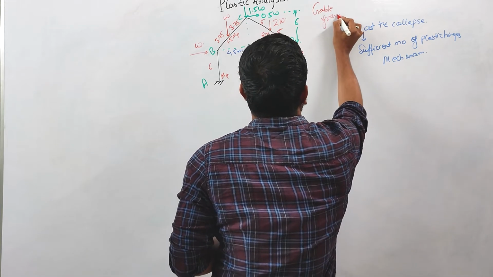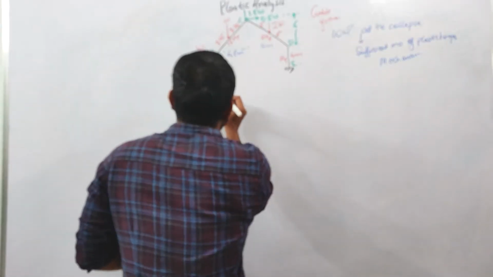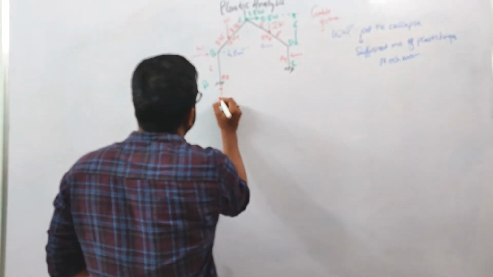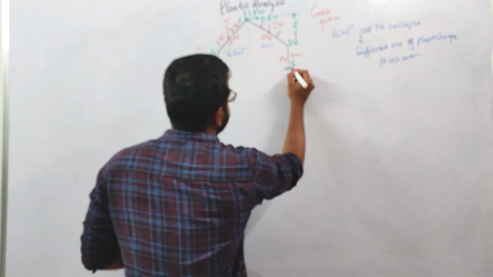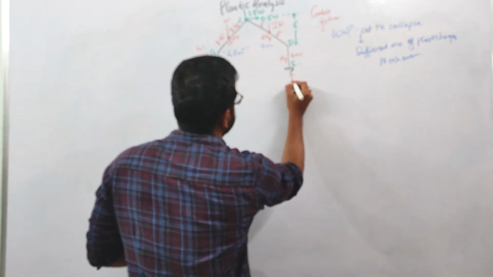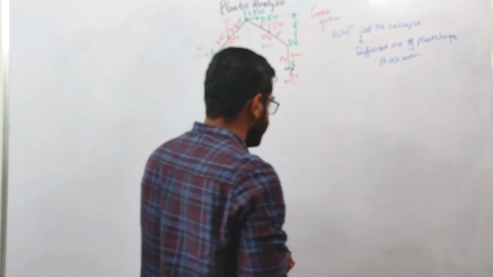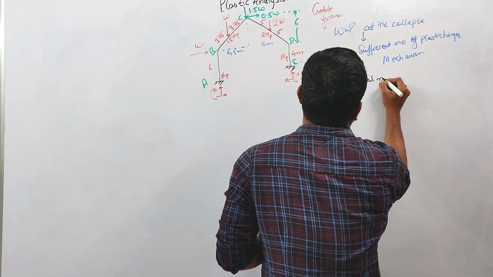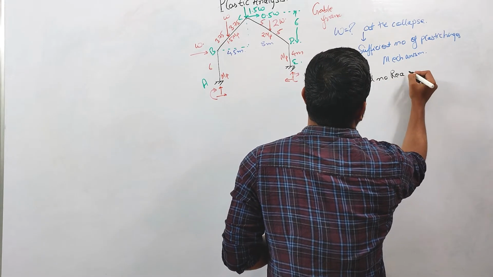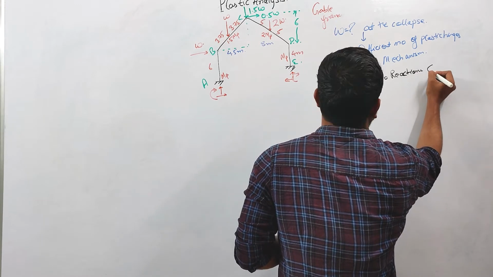First step is to calculate the static indeterminacy of this frame. At this support, there will be one vertical reaction, one horizontal reaction, and one moment. Similarly, at this support, there is one vertical reaction, one horizontal reaction, and one moment. So the total number of reactions is equal to 6, right?